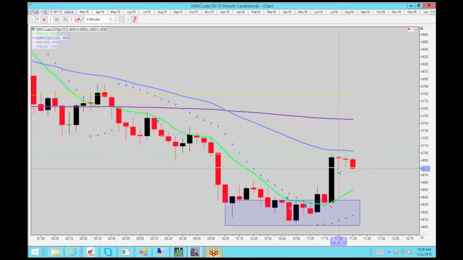Should start to sell off. Sellers stepping back in. There we go. They're seeing it push lower.